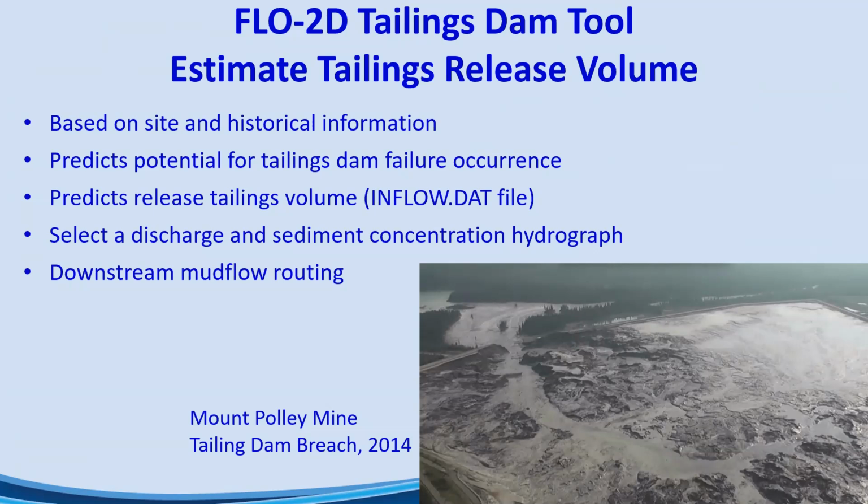Why is this important? Having an accurate prediction of the tailings volume that is released downstream in your domain is a critical point to have a good estimation of the inundation mapping downstream.